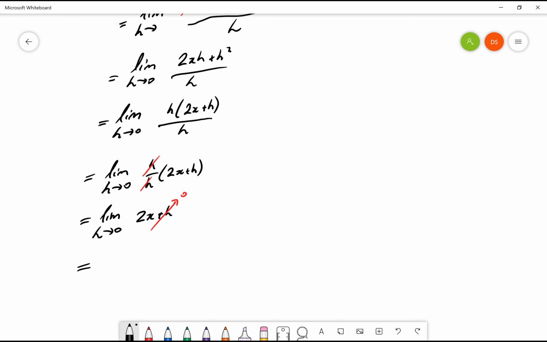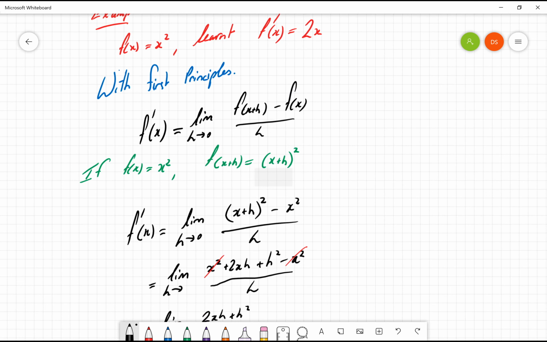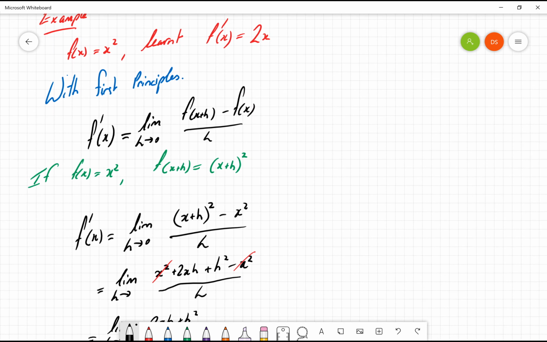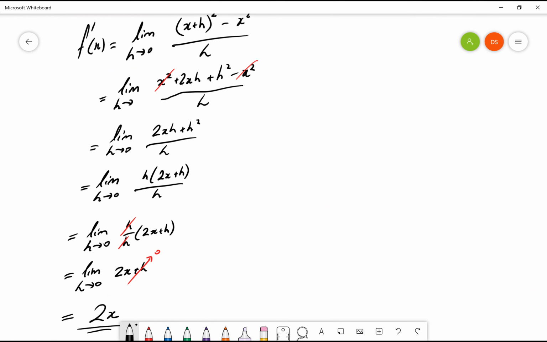I don't need to write the limit statement anymore because nothing bad happens when h equals 0. And I get 2x. Hey, that's exactly what I expected to happen all the way up here. But it took a long time.